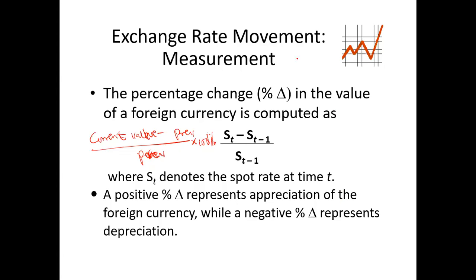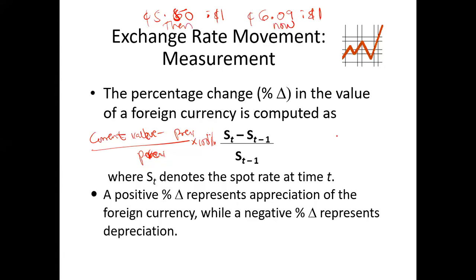So let's say we had 5 cedis 50 pesewas to $1. But now it's 6 cedis 9 pesewas to the same $1. If you want to compute the change, this is then and this is now.